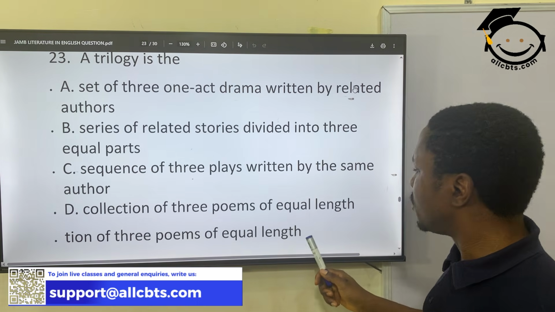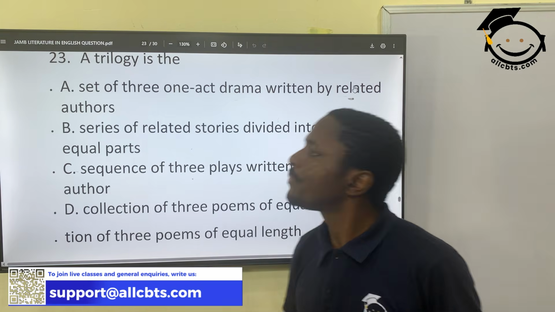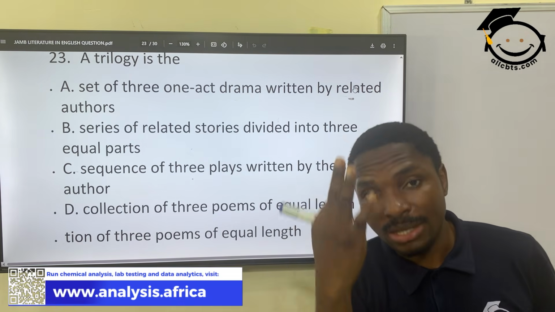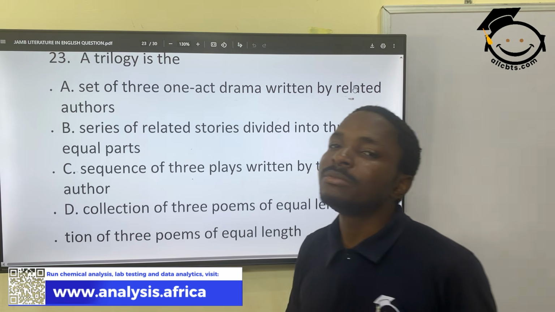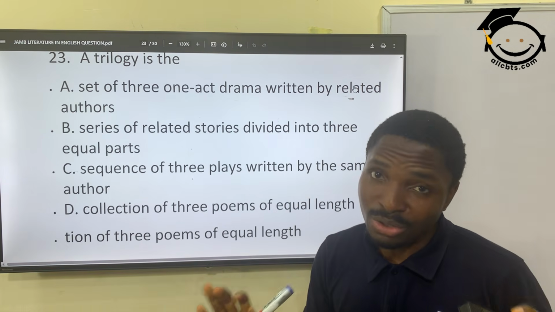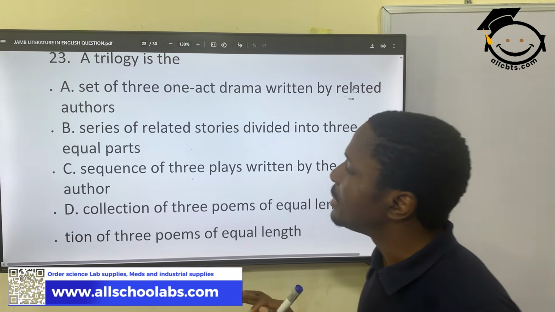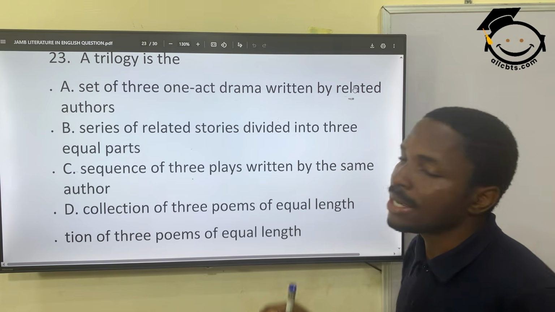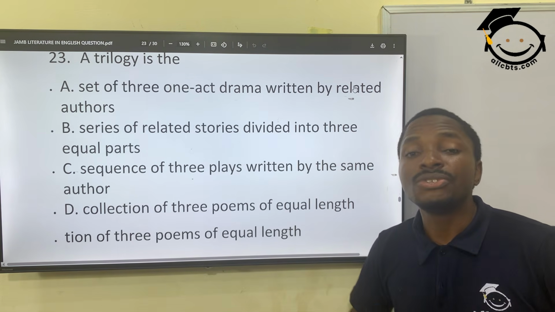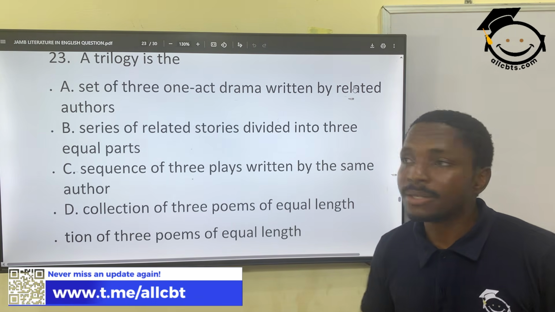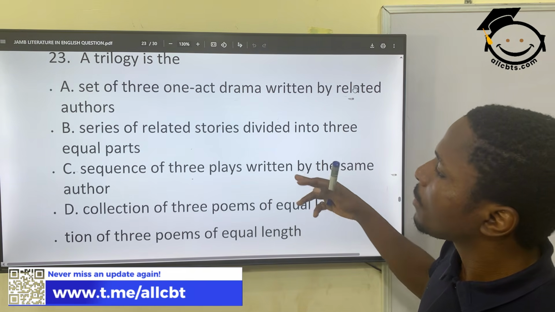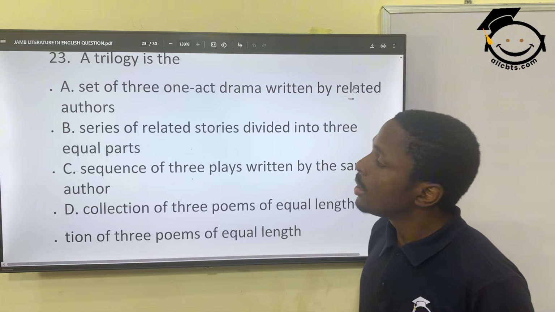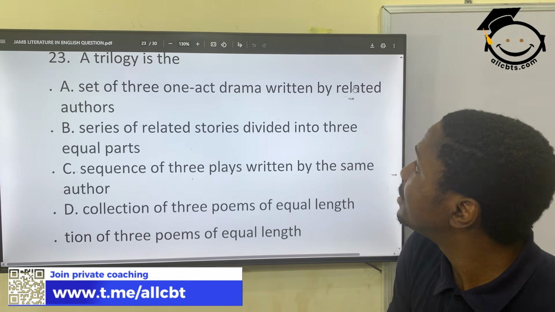Now, a trilogy is written by the same author. So that will definitely mean sequence of 3 plays written by the same author. That's option C. Okay, moving on.